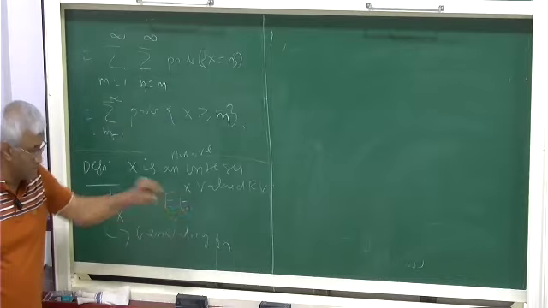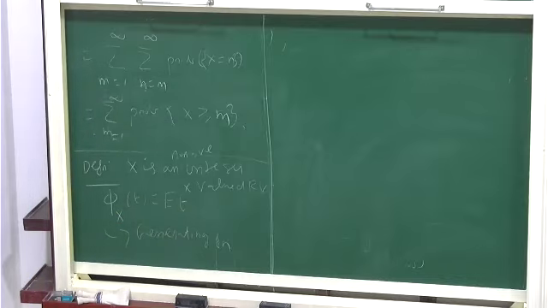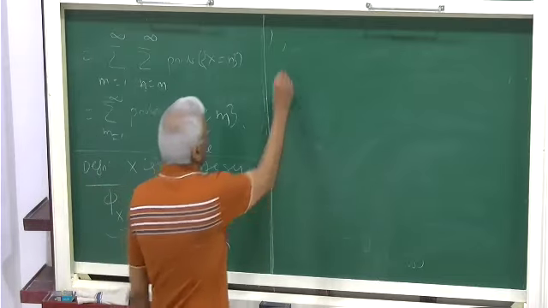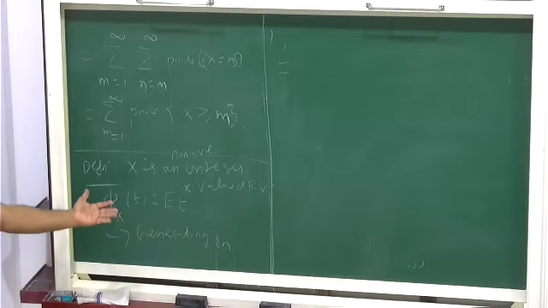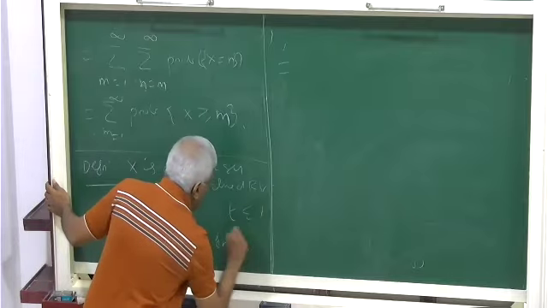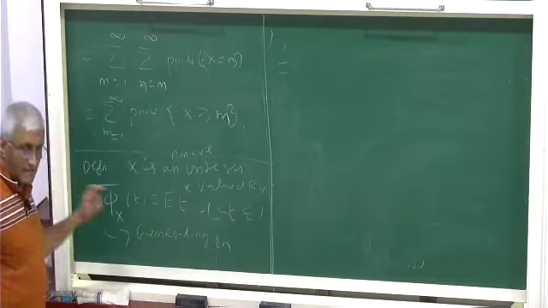It's just an integer, so E of t power x, expectation of t power x. Here t is a number between -1 and 1. Let me write what it is.